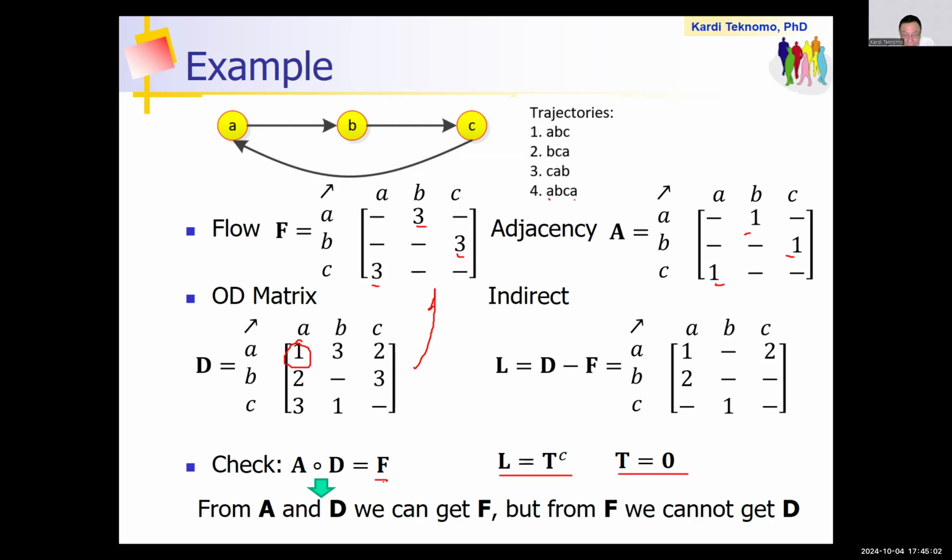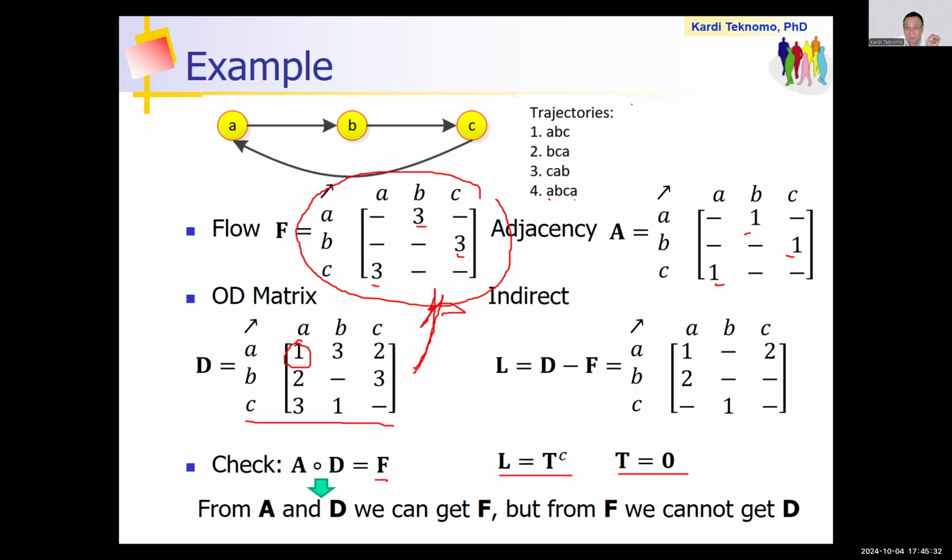So why is this example important? This is to prove that if you know the OD matrix, you can get the flow matrix. But if you know the flow matrix, there is no way you can get the OD matrix. It's one way.